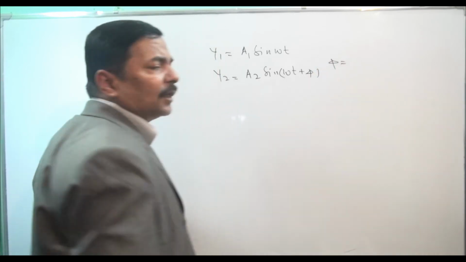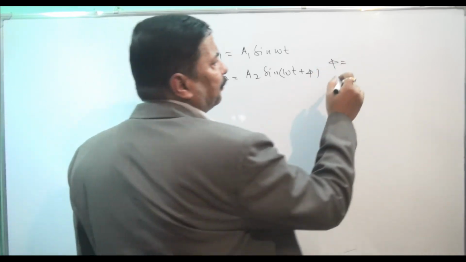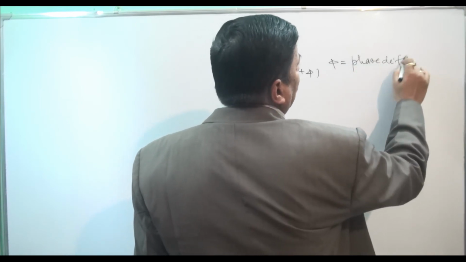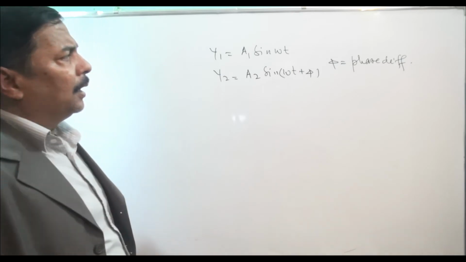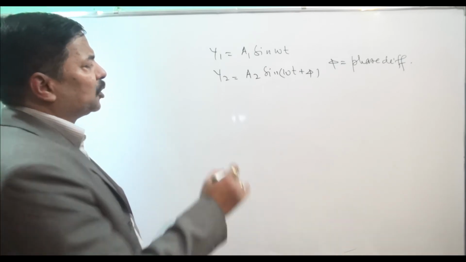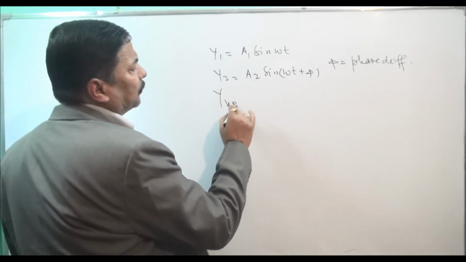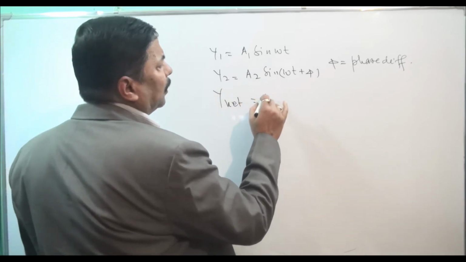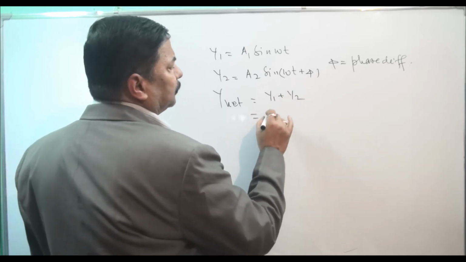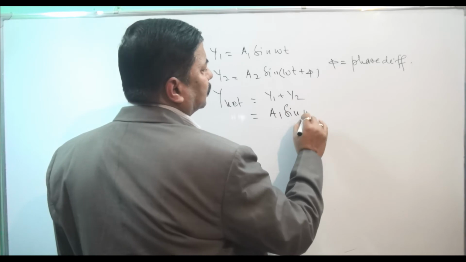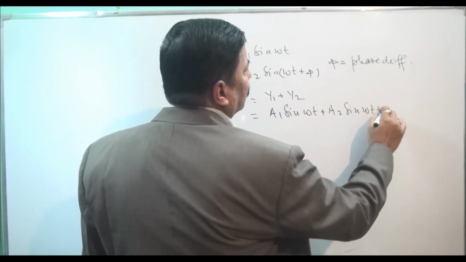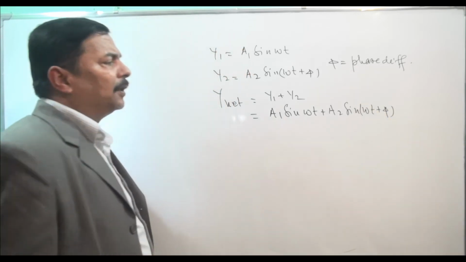Phi is the constant phase difference that will not change with time. According to the superposition principle, y net should be y1 plus y2, and it can be written in this way.